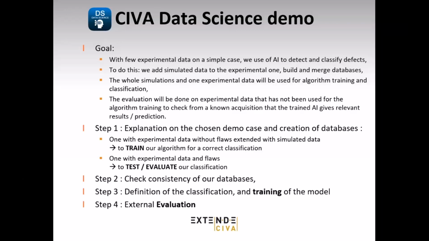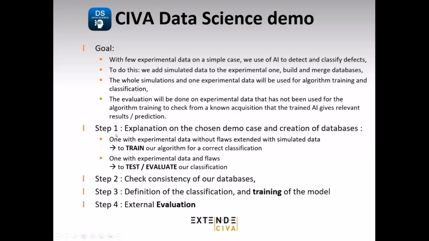And then after that, we'll evaluate. So the evaluation will be done on experimental data that has not been used, of course, for the algorithm training, to check from a known acquisition that the trained AI algorithm gives relevant result predictions. So this is more or less the logic of my demo. And I try to explain a little bit here the different steps.